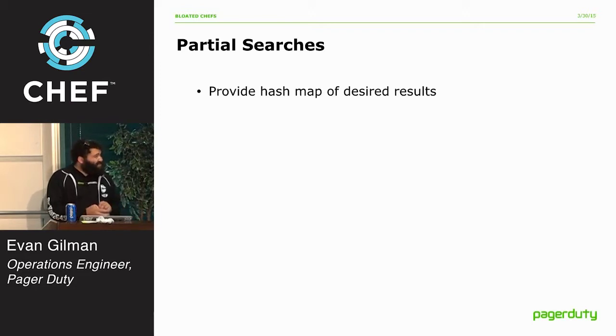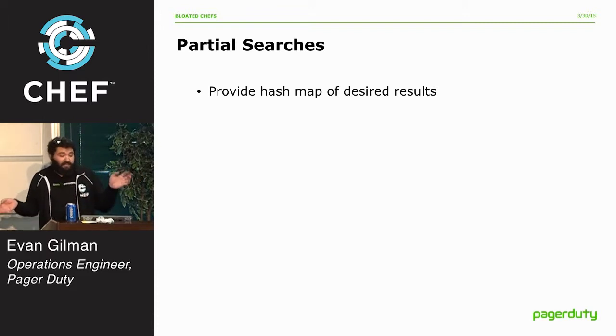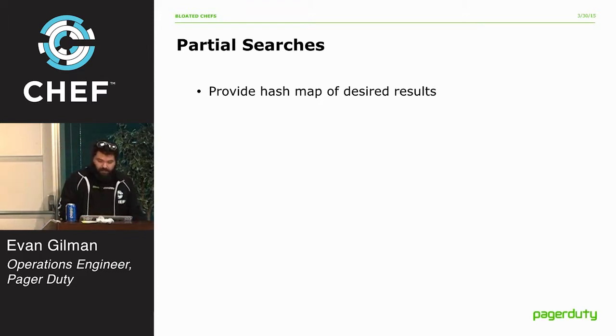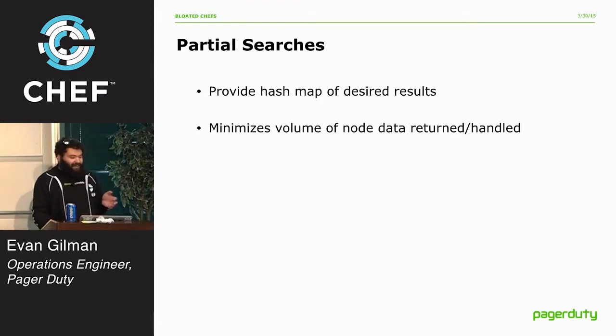It's pretty easy to use. You just pass it a hash map of the attributes you're interested in, and then it returns a hash map containing all the values of the attributes you're interested in. The best part is that the amount of node data returned and processed is dramatically reduced. So, sweet, that's what we're looking for. There's only one problem, though.